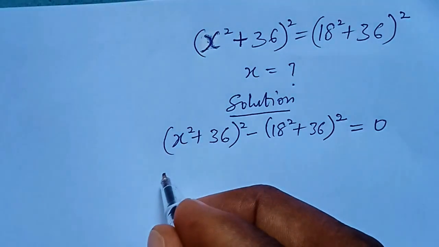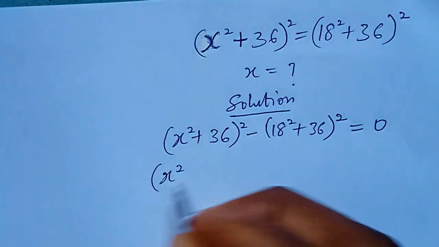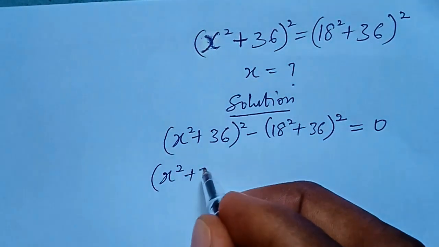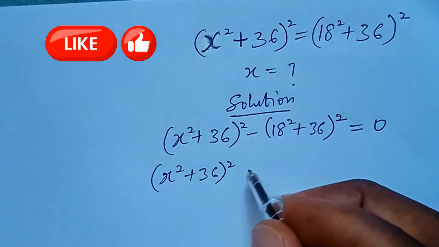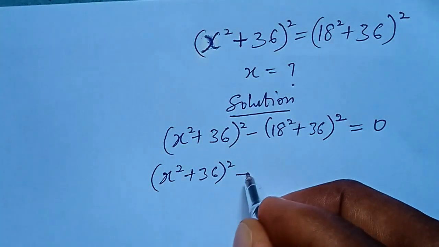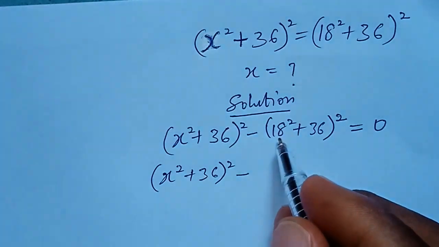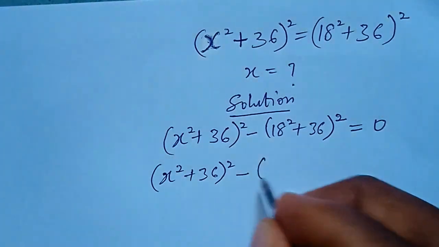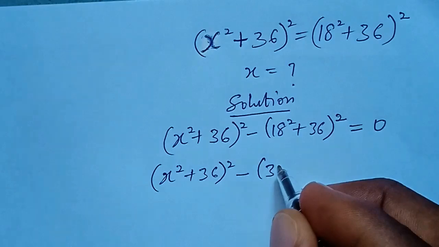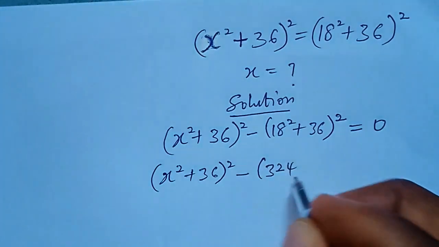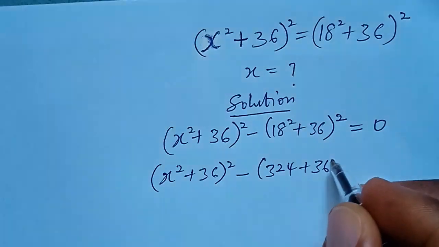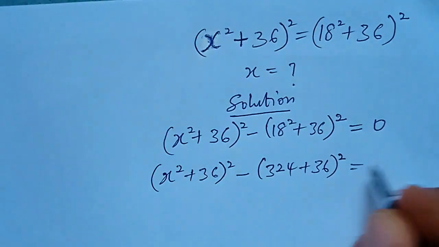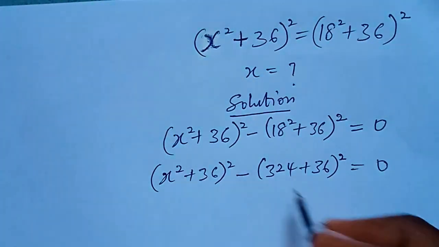We then have (x squared plus 36) raised to power 2 minus, so 18 squared will give us 324, plus 36, raised to power 2, everything equals 0.